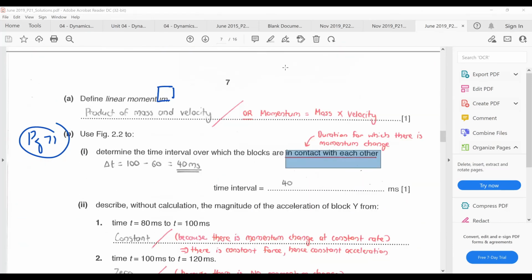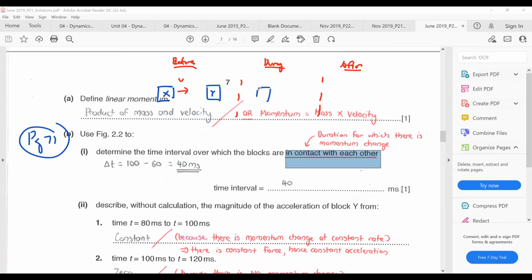Okay. So let's go with this. This is your block X. This is your block Y. It moves with a certain velocity V here. This is before collision. Then this one is, say, during collision. And then this one is after collision.